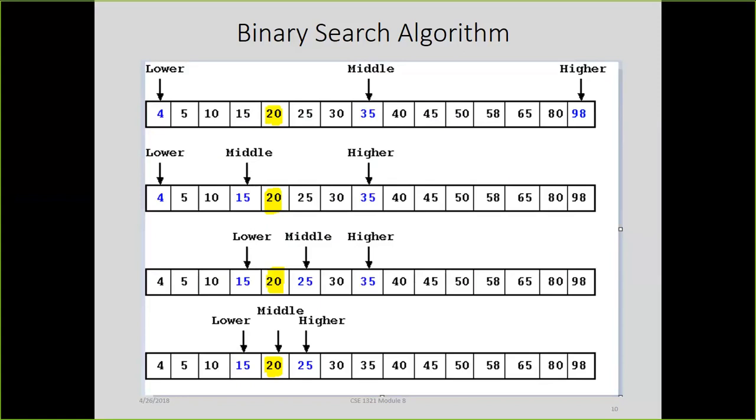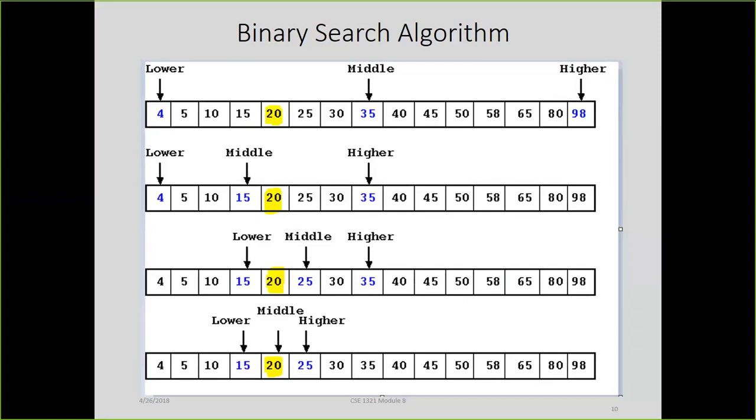So in the next phase, we do not need to go to the upper side of the middle, because our target 20 is less than 35. So we shift the higher index to the middle position and recalculate the middle.